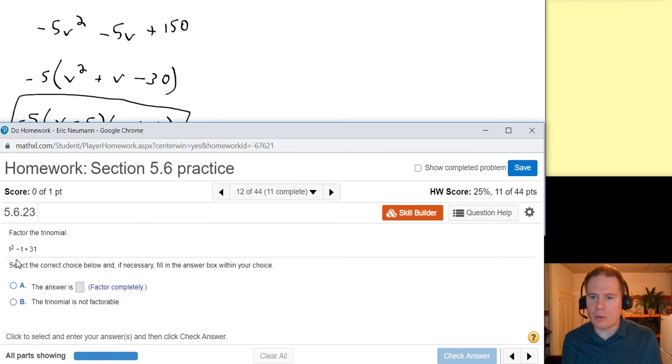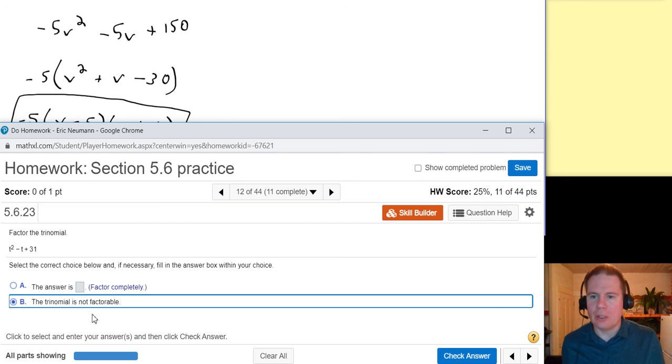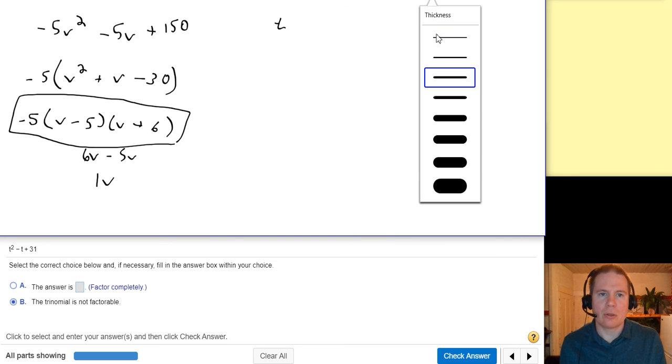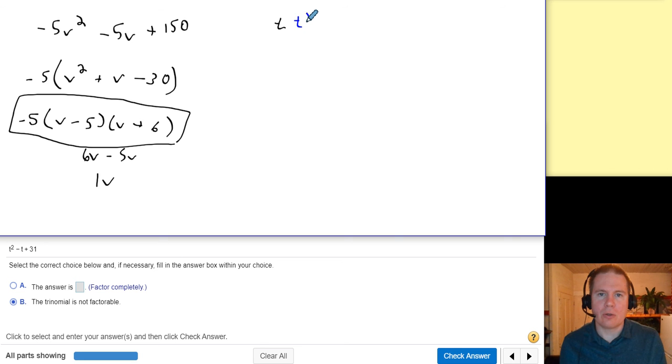Okay, t squared minus t plus 31. Done. Now, how did I do that so quickly? I recognize 31 is a prime number. If I'm looking at, let's change color because it's a different problem here. T squared, I thought I changed color. There we go.